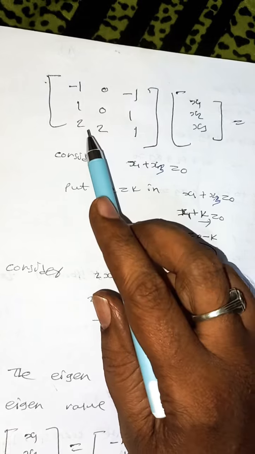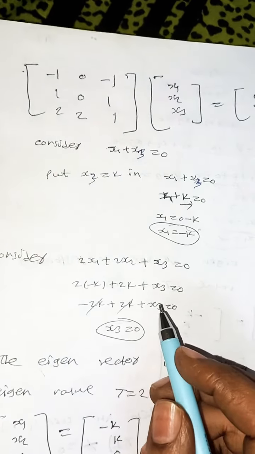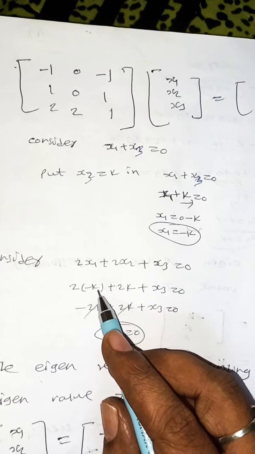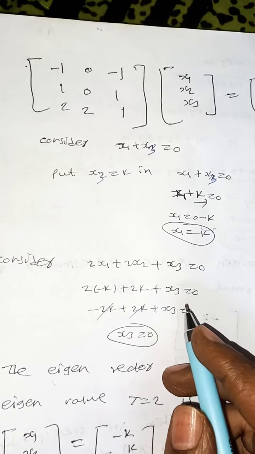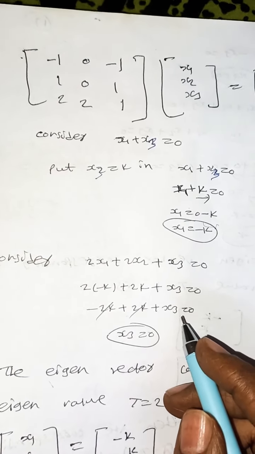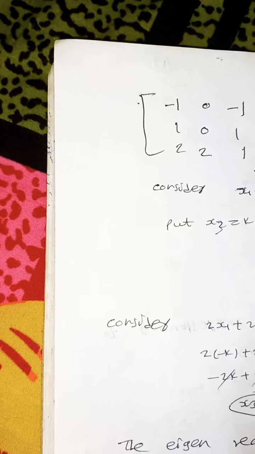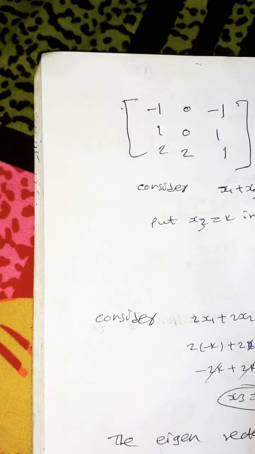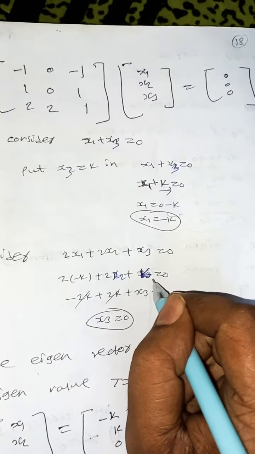Now consider the third row, 2x1 plus 2x2 plus x3 equal to 0. What is the value of x1 you got? Minus k. The x3 value we got is k, but x2 we have not got. So here a small mistake happened.